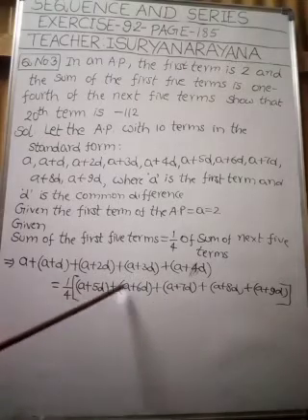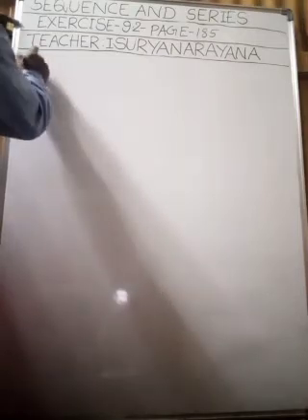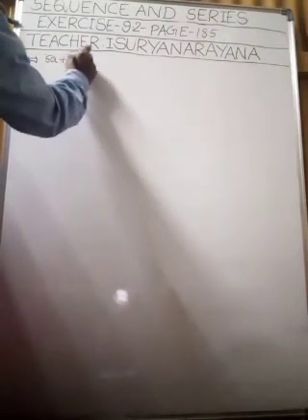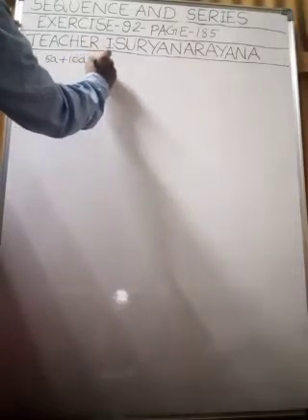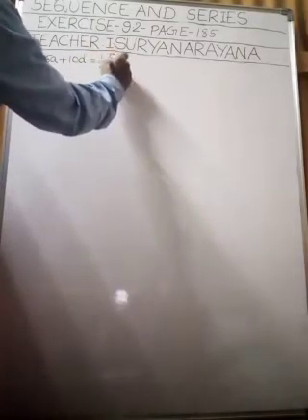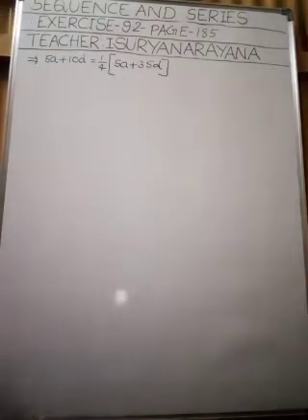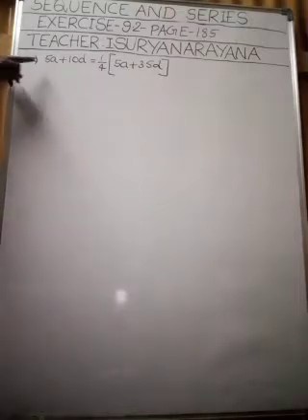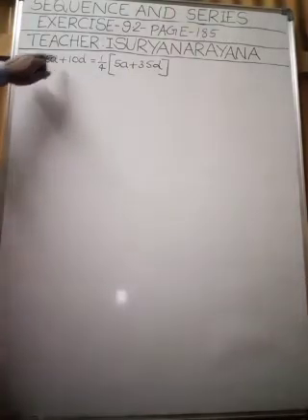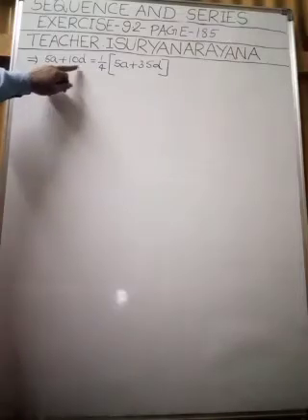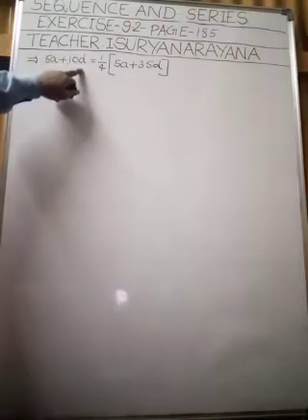Understood this step, my children? Right. This implies what will you get? 5A plus 10D is equal to 1 by 4 into 5A plus 35D. Okay, my children, by simplifying the A terms, we get 5A. By simplifying the D terms, we get 10D. Understood this 5A plus 10D, my children?